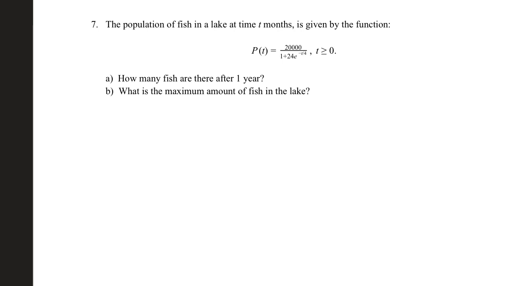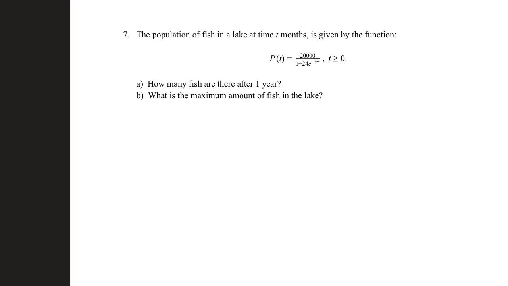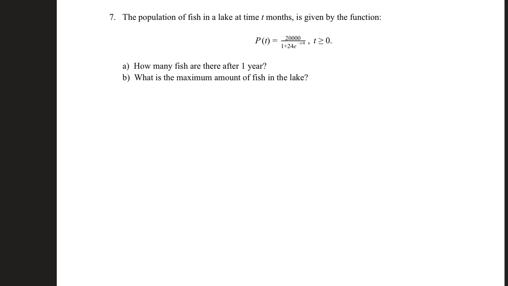Okay, so we should be back. I think we take a look at that function and we go, wow, that function is relatively ugly given what we're dealing with. One of the reasons I wanted to talk about problem A is just to make sure that we don't do something silly. Notice in the problem, t has been defined in months.